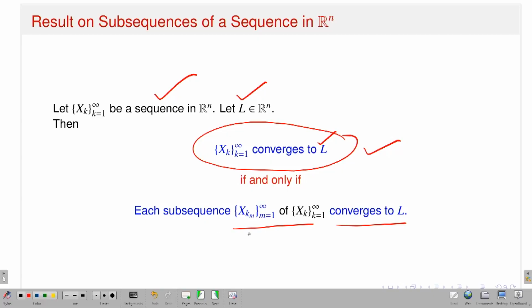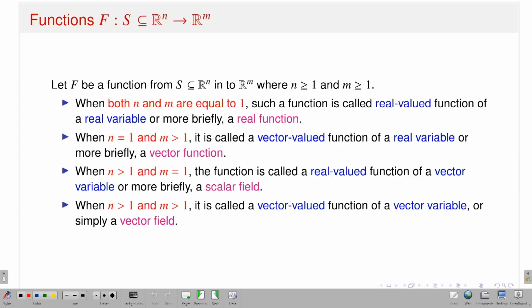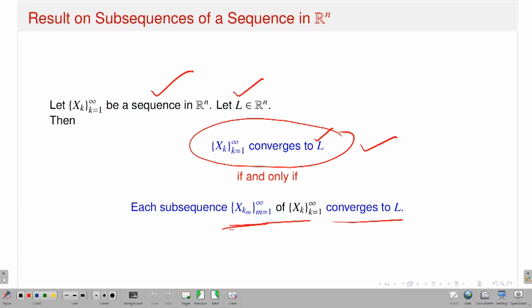The same holds in n-dimensional Euclidean space: the sequence Xk converges to L if and only if each subsequence xkm also converges to L. And vice versa: if all subsequences of Xk converge to the same point, then the given sequence also converges to L.